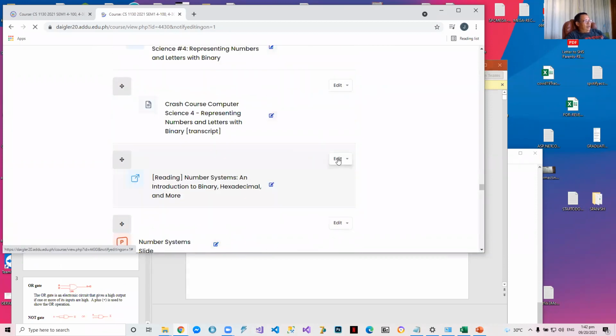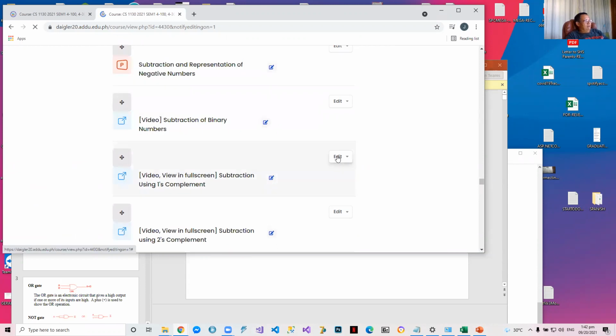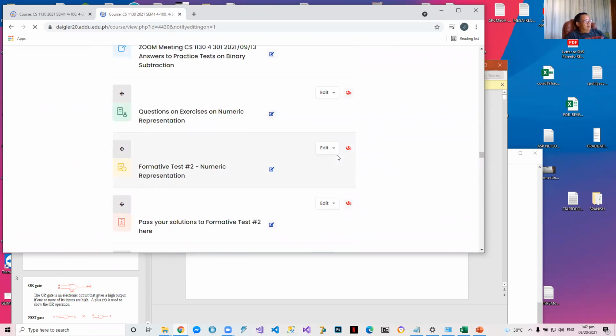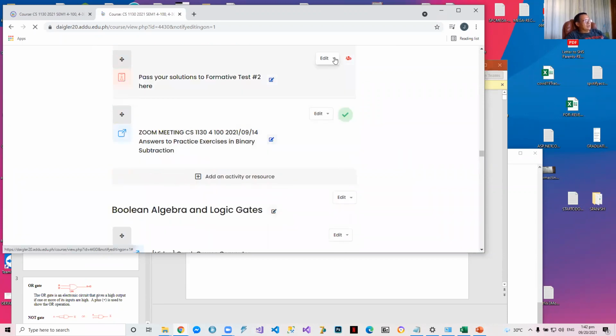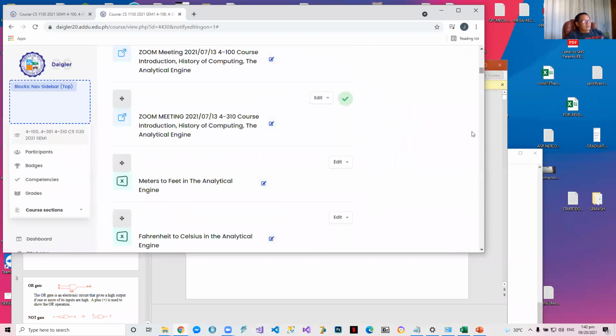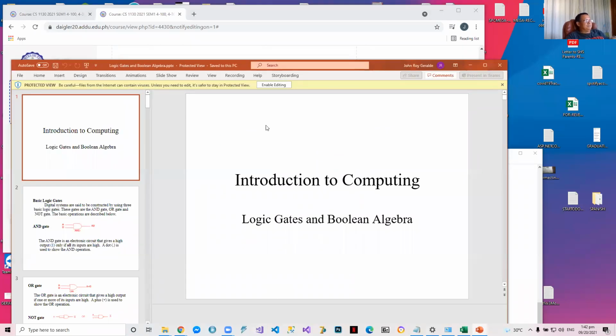Extend the deadline for the solutions. Pass your solution here as worksheet. It's very slow, so let me just do that next time. Okay.